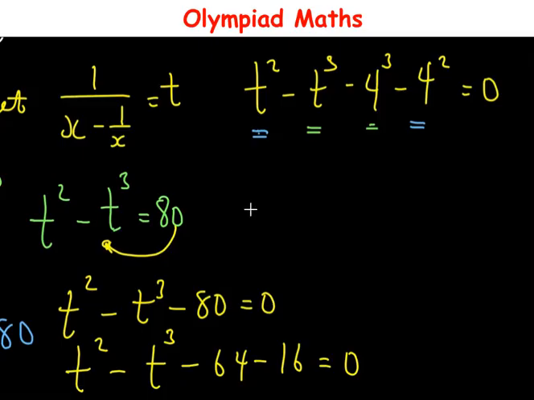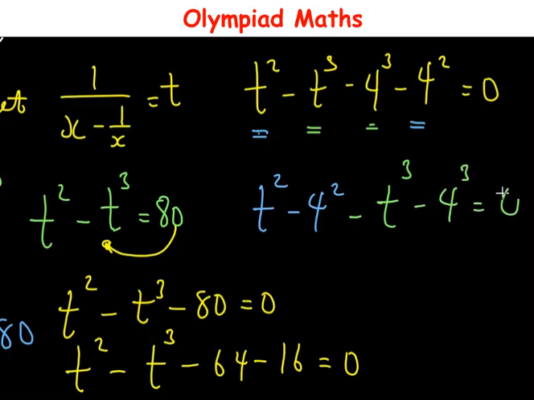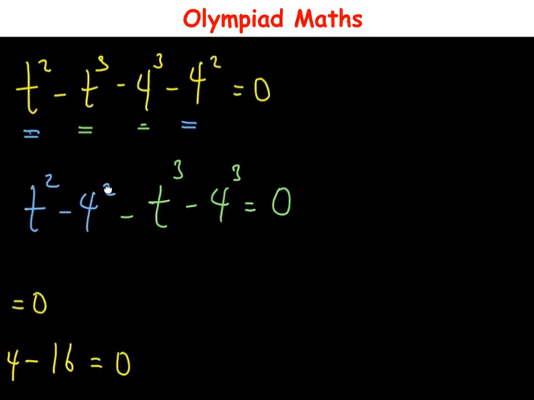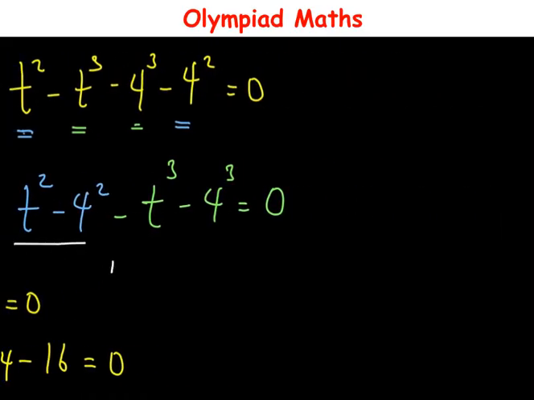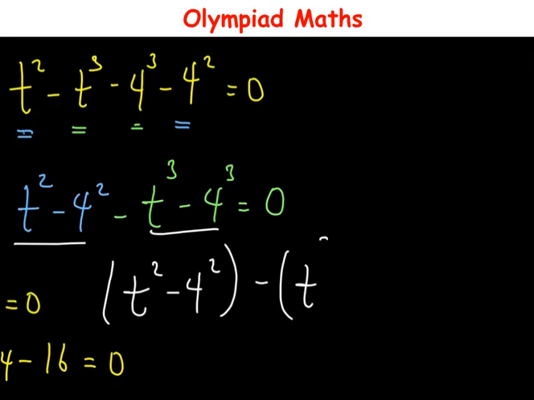So we have t² minus 4², and also we have minus (t³ plus 4³), and this equals 0. Grouping this, we have (t² − 4²), also factorizing out minus 1, we have minus (t³ + 4³), and all of this equals 0.